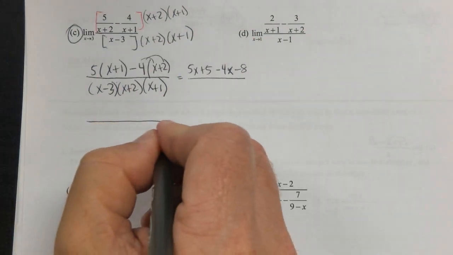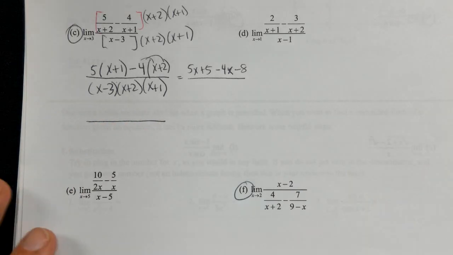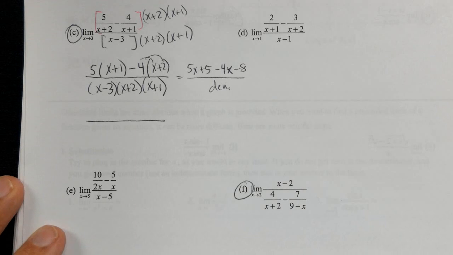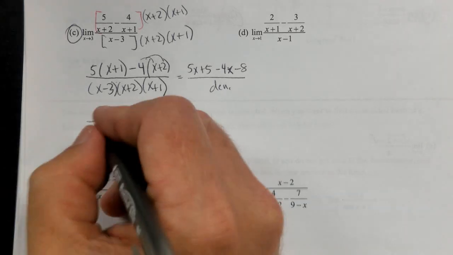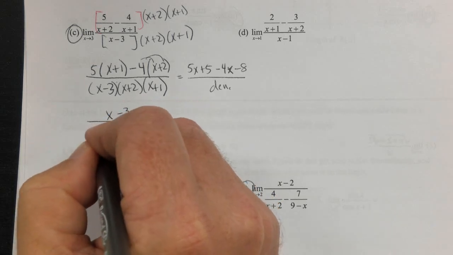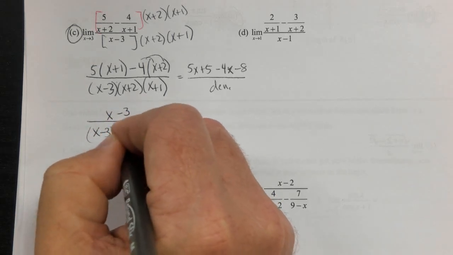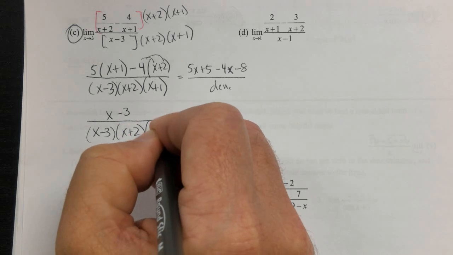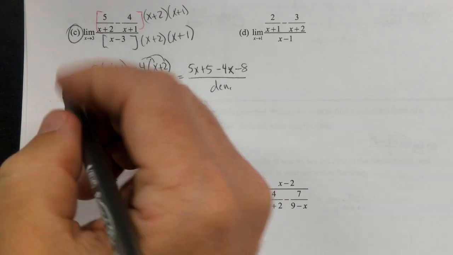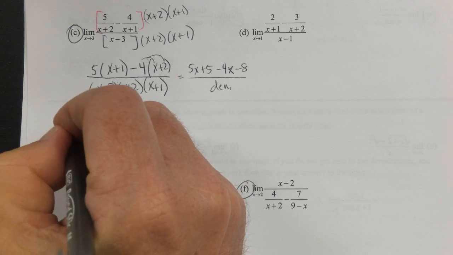I'm not going to keep rewriting that denominator. I'm going to be lazy. So the top becomes x minus 3, which is perfect, because now the x minus 3's will cancel, and I need to remember that I'm doing a limit problem.